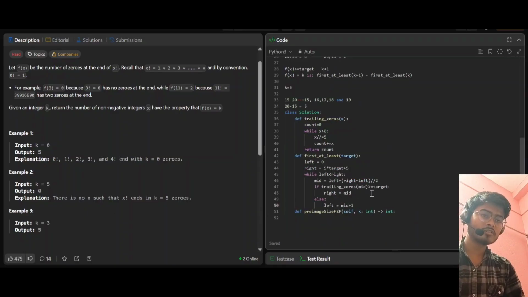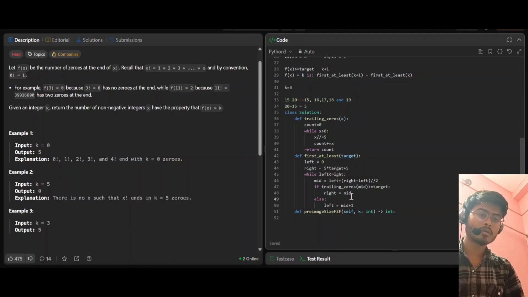So if the trailing zero count is greater than or equal to the target, then mid could be our answer. But there may be a smaller valid value on the left side. So we move right to mid.